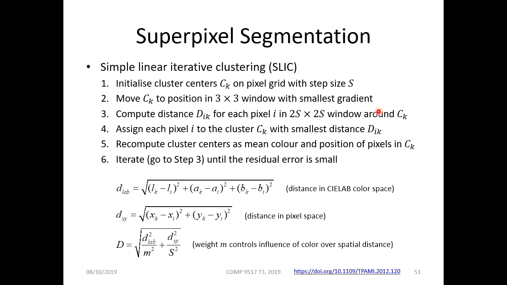And so it means that for every pixel you may need to compute distances to multiple cluster centers. And you assign the pixel to the cluster with the smallest distance. So that's point number 4. And then after this step, you have completely partitioned the image. All the pixels have been assigned to a cluster. And then you recompute the cluster center, or the mean, let's say, mean color, mean position, whatever you want, based on the pixels that are now assigned to each cluster.